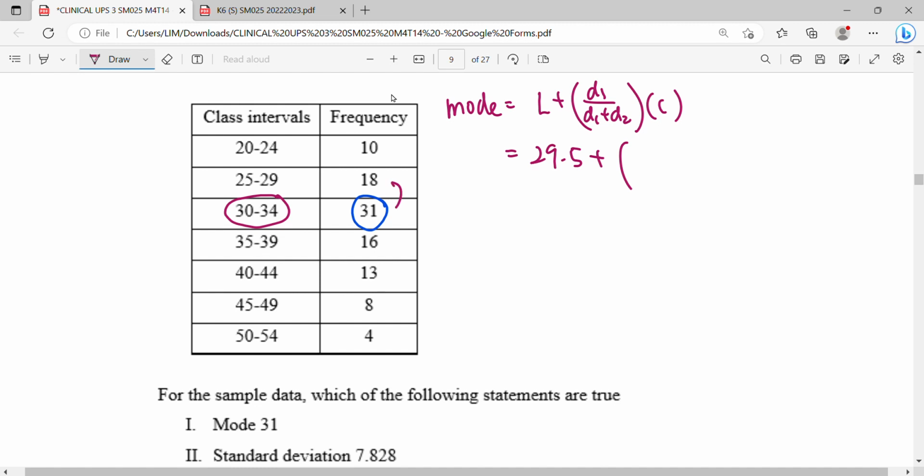Difference D1, D2. What's the difference here? Correct? What's your D2 here? 15. So 13 plus 15. What's your size? 34.5 minus 30.5. So 4.